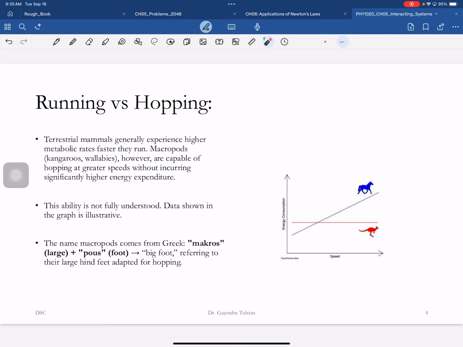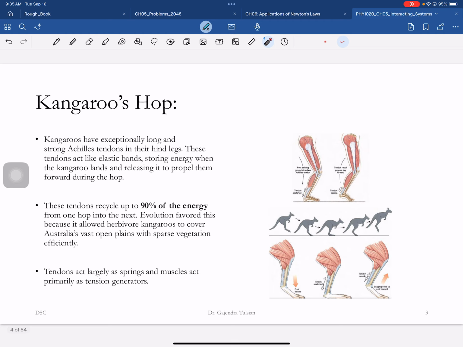Kangaroos have exceptionally long and strong Achilles tendons. There's the Achilles tendon for the kangaroo, and what this does is act as a very strong rubber band. It stores energy.